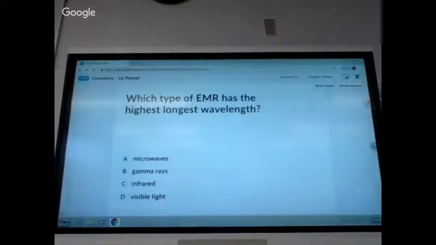It's going to make it bigger. All right, I told you. All right, which type of EMR has the longest wavelength? I don't know why it has both of those.